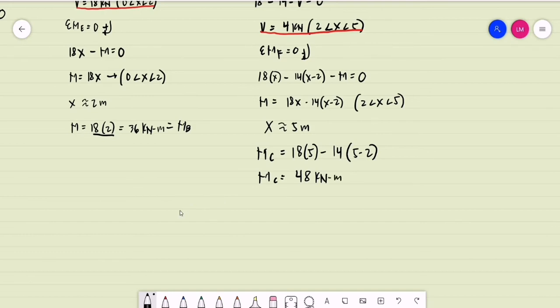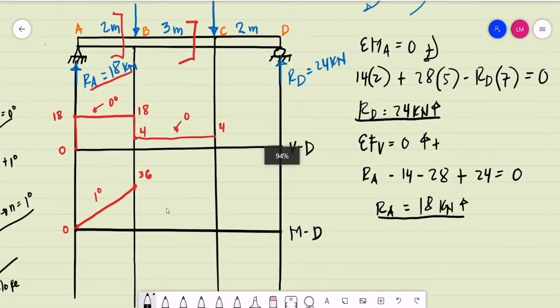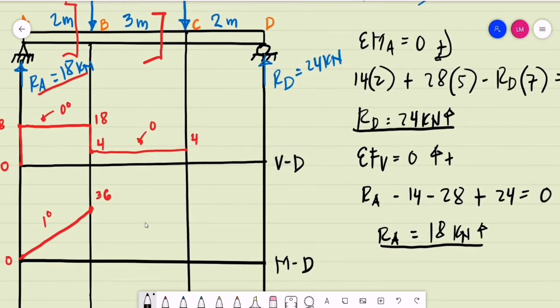Alright, so if we are to place that on our moment diagram, from 36, we're going to a value of 48 kilonewtons. So again, our shear diagram is 0 degree. So therefore, our moment diagram should be first degree.